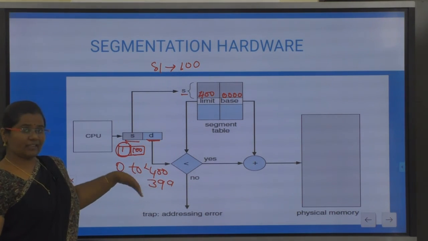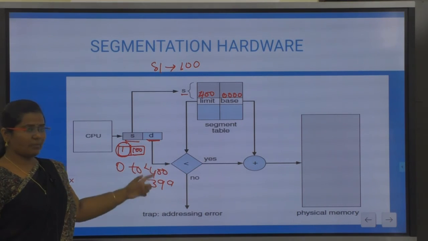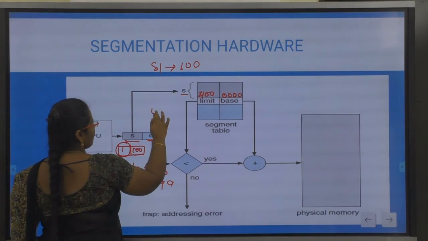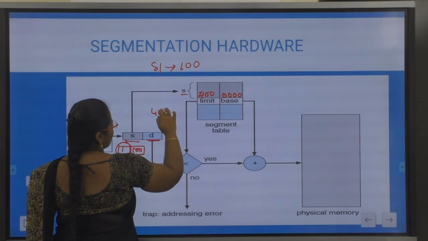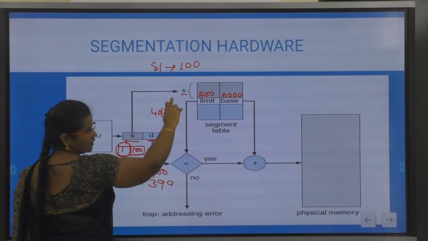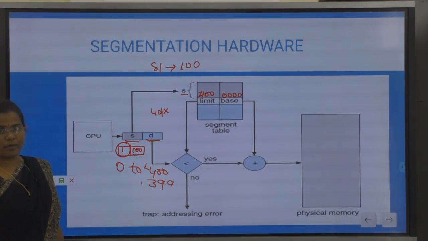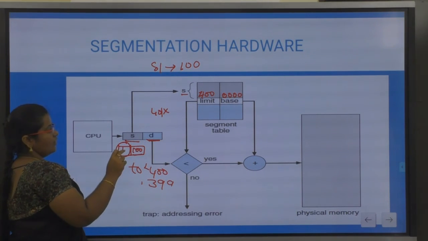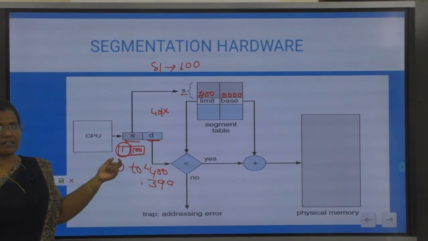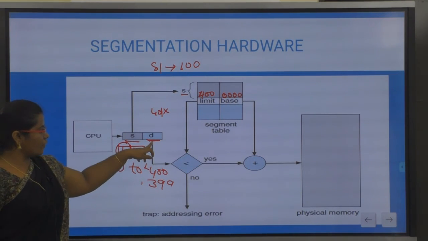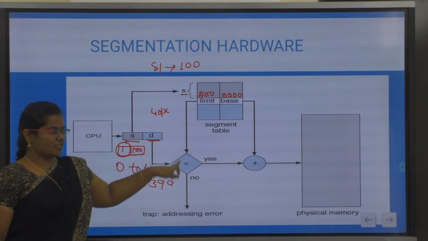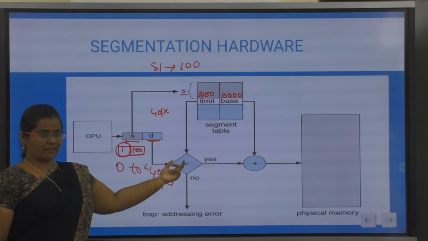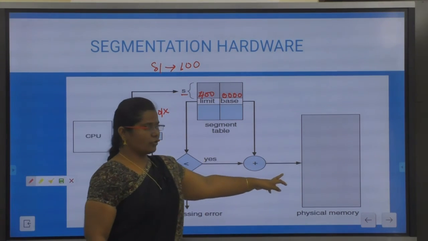If, other than this, beyond my limit, I try to access an offset, say byte number 401, which is not within the size of your segment, then you need to generate an error. In order to check the correct access of your segment, we compare our offset number with the limit register. If it is less than the limit, that is within 400, then you will provide access to the physical memory.